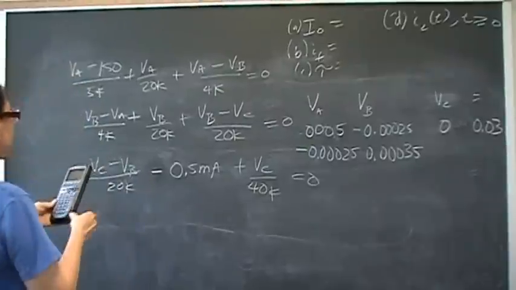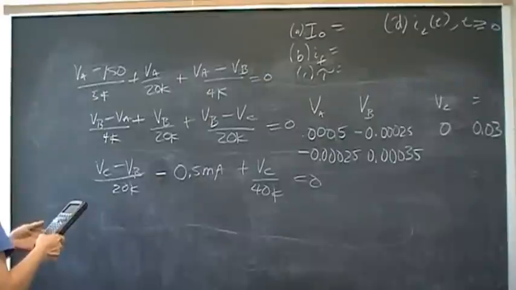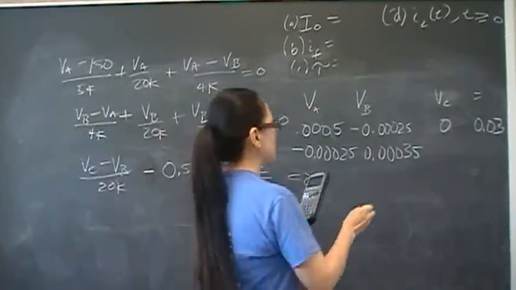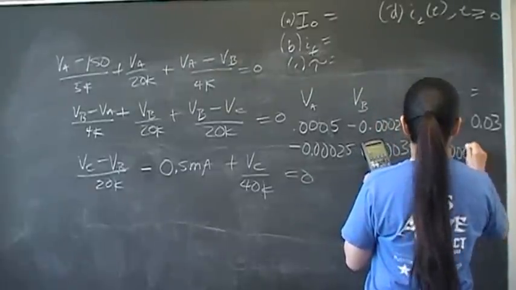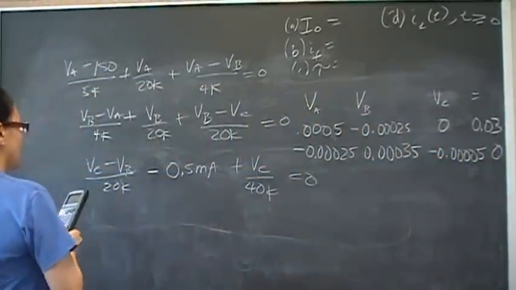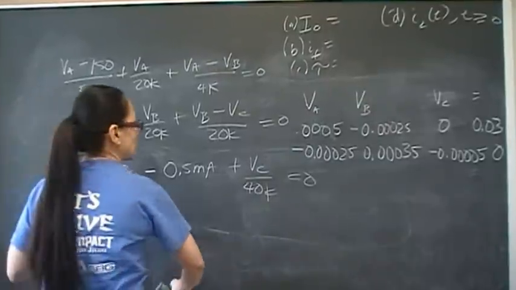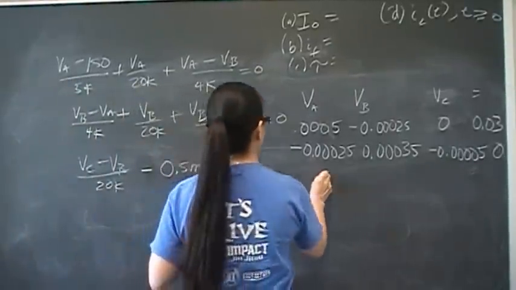And then for VC, I have negative 1 divided by 20K, and that will give me negative 0.00005, and then no constants. Now for my last nodal equation, I have 0 occurrences of VA.